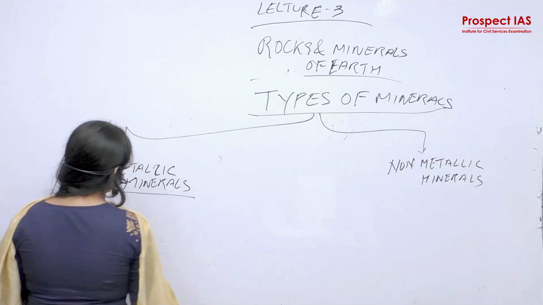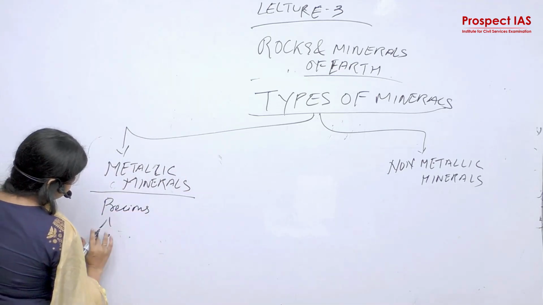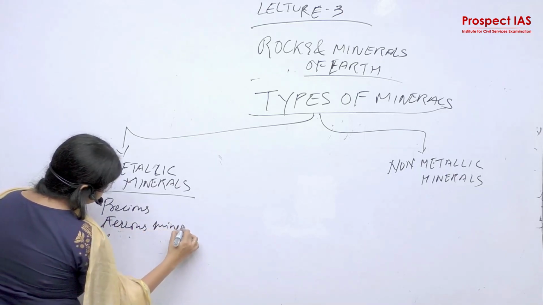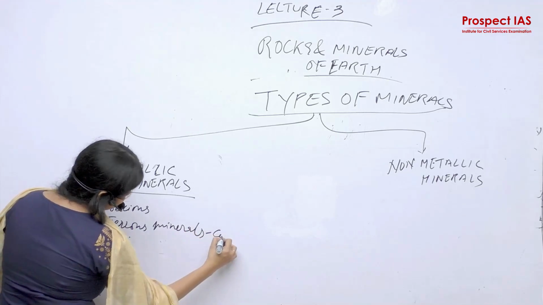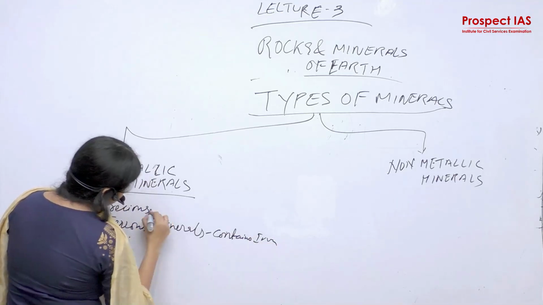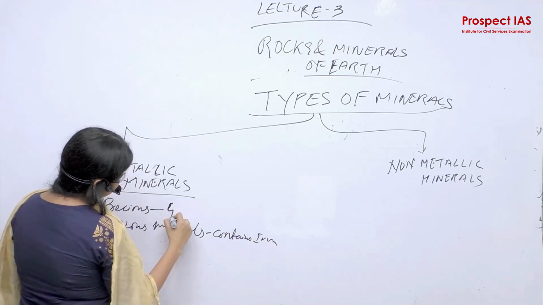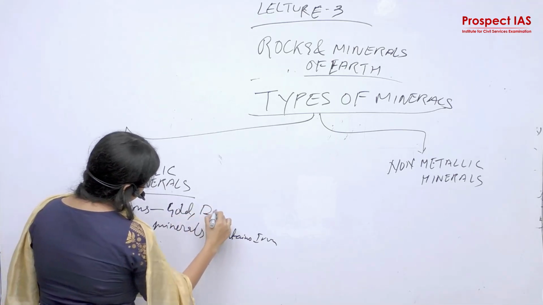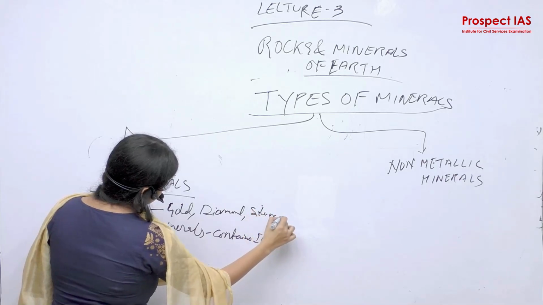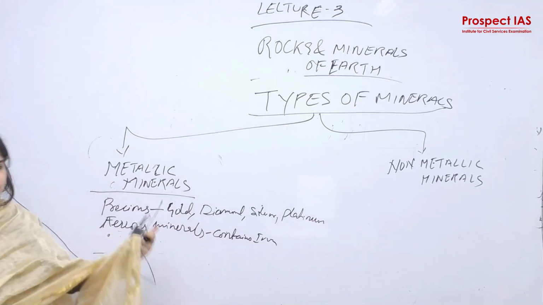So metallic minerals we have precious, ferrous minerals, means contains iron, precious, sona, gold, diamond, right? Gold, diamond, silver, platinum. These are precious minerals.